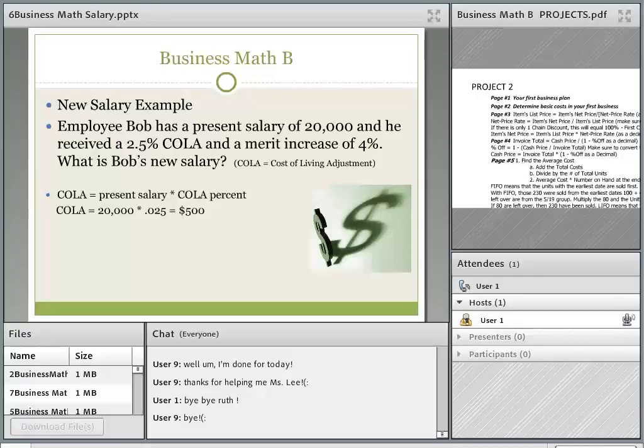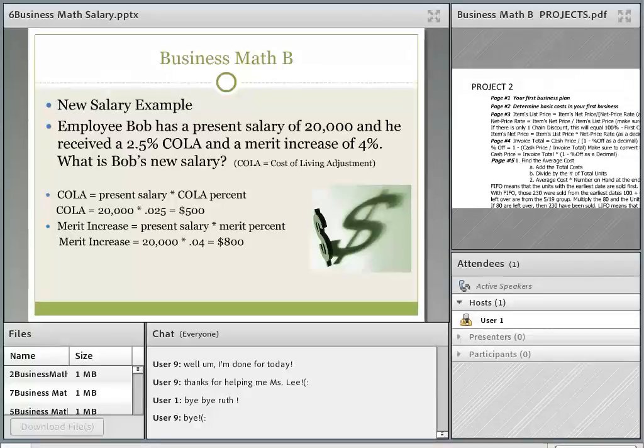Try that on your calculator and then you'll see. Next, we'll calculate the merit increase. So again, we'll take the present salary times the percent given, 0.04, and we end up with $800.